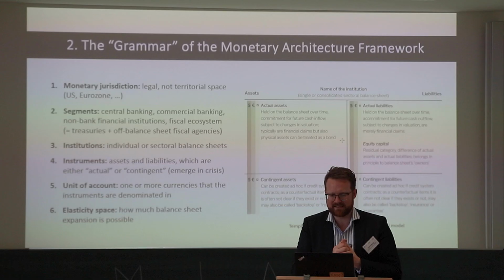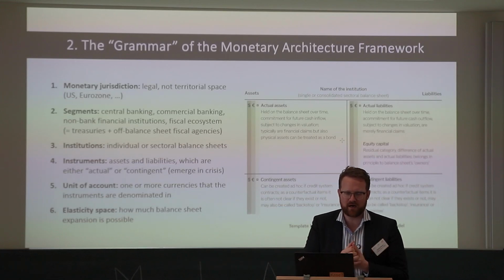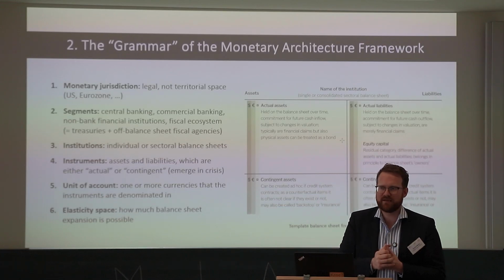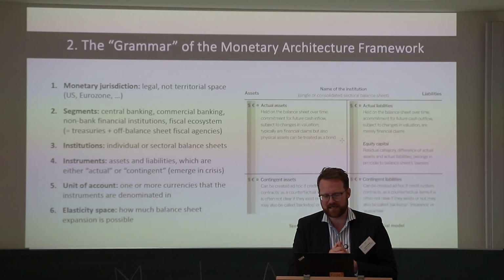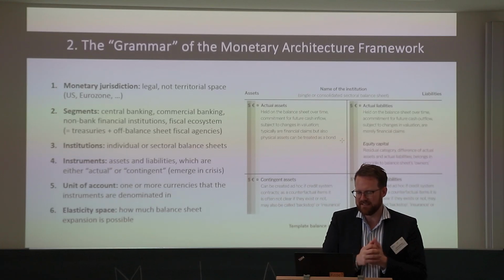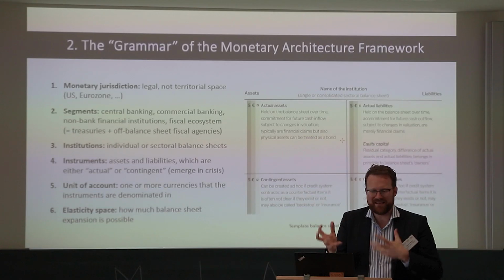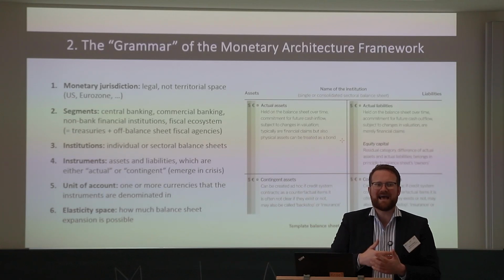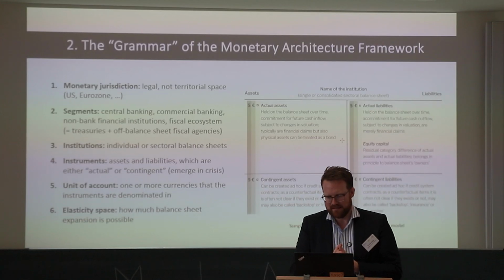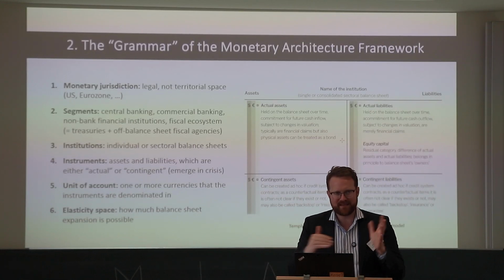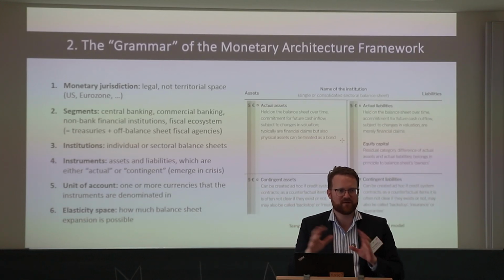Sometimes, in some cases, these contingent assets and liabilities are explicit. The discount window traditionally is the explicit liquidity backstop that the central bank gives to banks. But then very often they're implicit and they're even actively denied, but you can then still say, no, it has to be like this. So the idea was to sort of map this out. And then also the question is, how do you really put this into balance sheets?